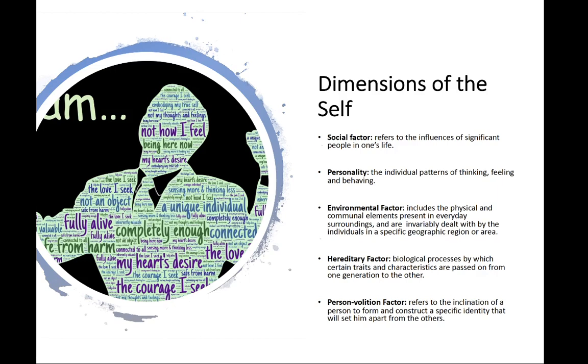Such factor emanates from within the mentality of an individual, brought about by aggregated social life experiences. Social scientists, like the sociologists, may refer to a person exhibiting person volition factor as a deviant or nonconformist.